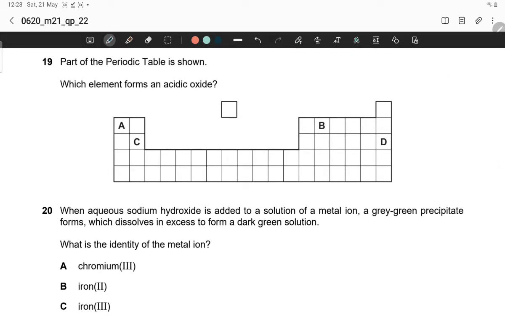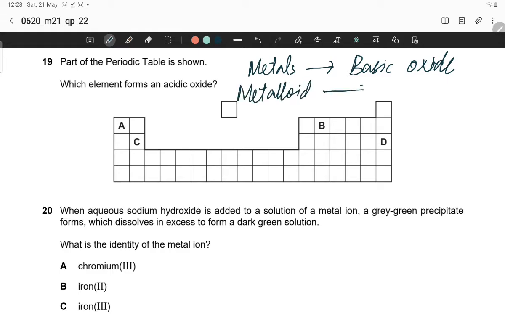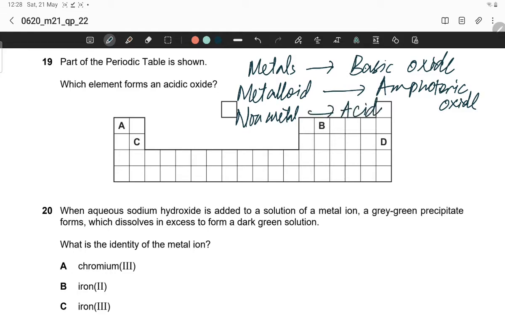Which element forms an acidic oxide? Metals form basic oxides. Metalloids form amphoteric oxides. Non-metals form acidic oxides.